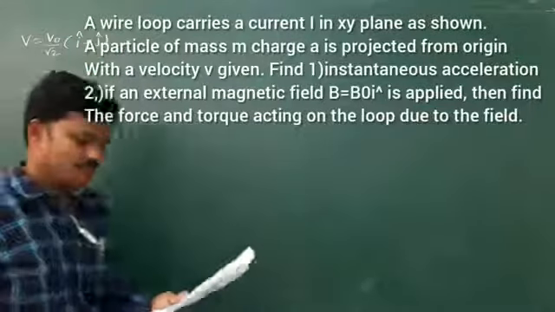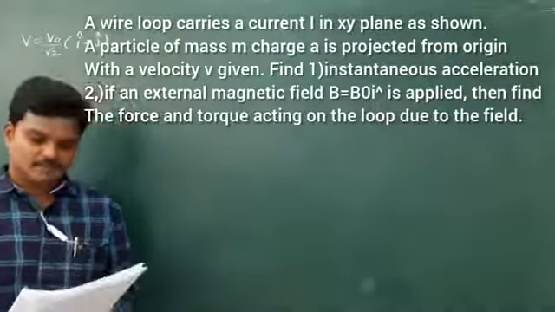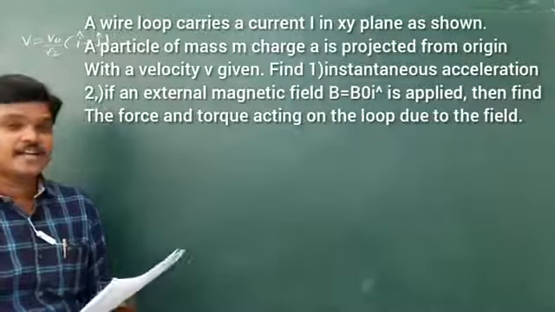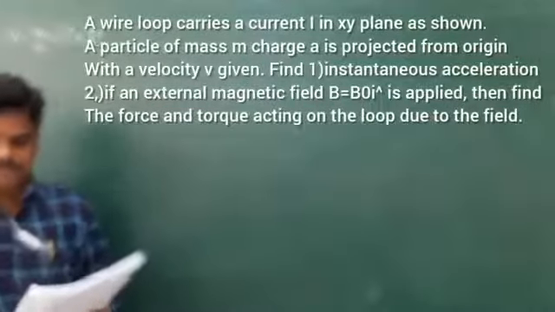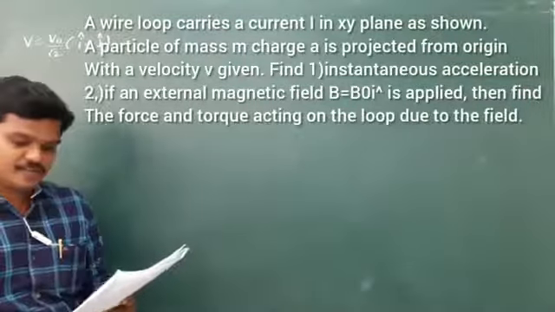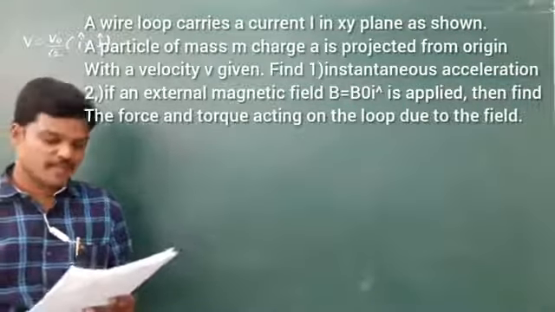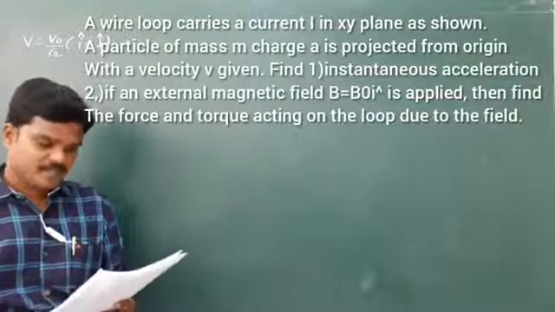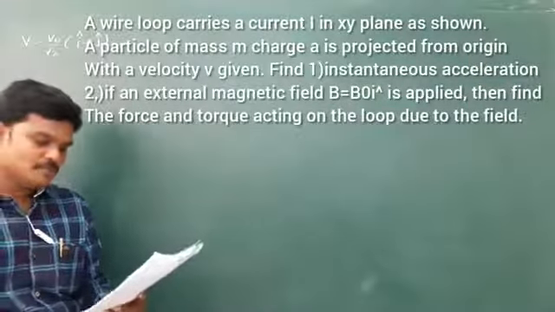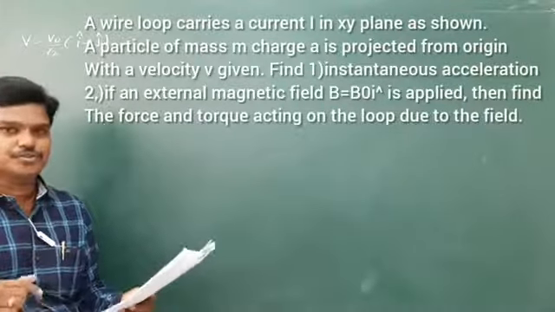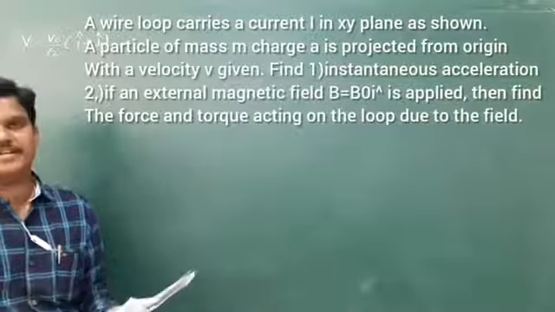Then find, question number 1, the instantaneous acceleration. And if an external magnetic field B equal to B naught i cap is applied, then find the force and torque acting on the loop due to this field.